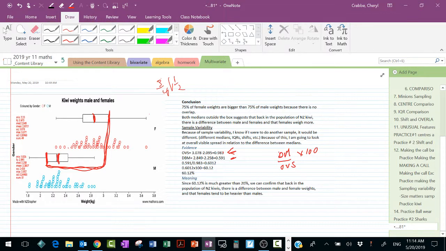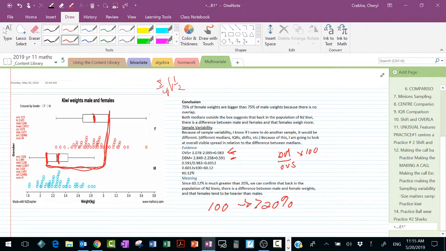So if we have a sample of 100, we're looking at a percentage of about 20%. So anything bigger than 20% suggests that we have a difference in the two groups and that one is definitely bigger than the other. And so the meaning here is since we have the difference in the medians as a percentage of the overall visible spread is 60%, then that's far greater than 20%.